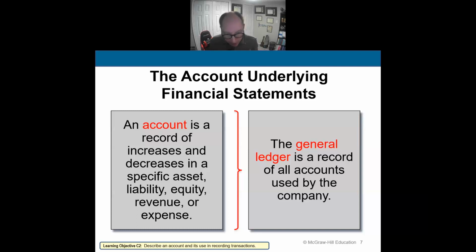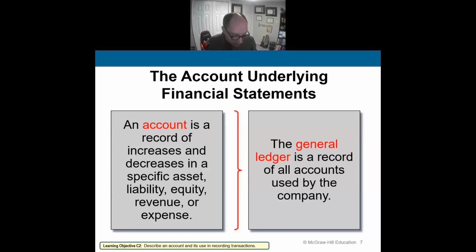I own my cash. I own my property. I own my plant. I own my equipment. I own my inventory. And all of these things help me to generate revenue. I use these things to generate revenue. I sell my inventory to generate revenue.